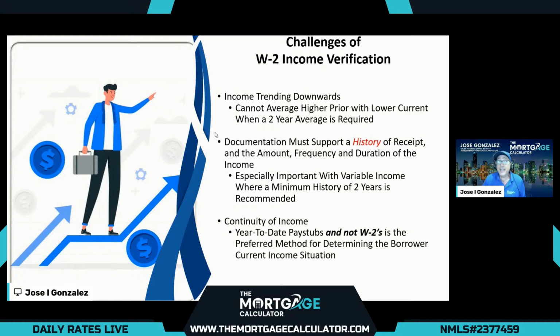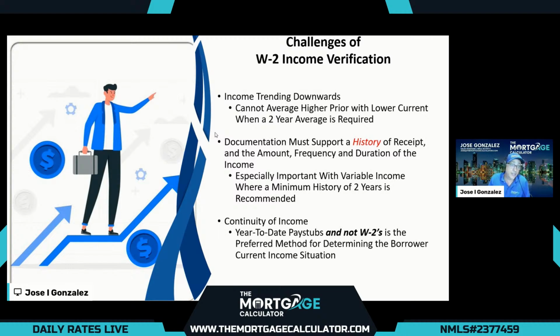right? Even in a W-2 income file, downward trending income is a problem, right? Especially if you're looking at a borrower where you're looking at the 2 year income because you got a finding for 2 years and now you realize that the current income is 40%, 50% lower than it was last year.